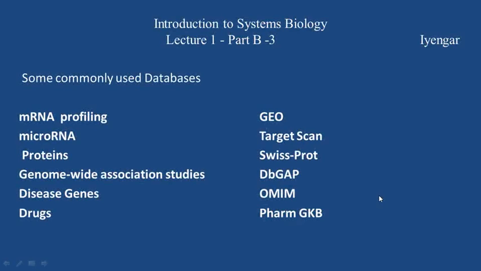Some commonly used databases include mRNA profiling, all the microarray data sets in GEO, the Gene Expression Omnibus; characteristics of currently known proteins, such as in SwissProt; or disease genes in OMIM, which allows you to identify mutations in genes that are associated with various diseases; or PharmGKB, that gives you all sorts of information about drugs for various therapeutic purposes.